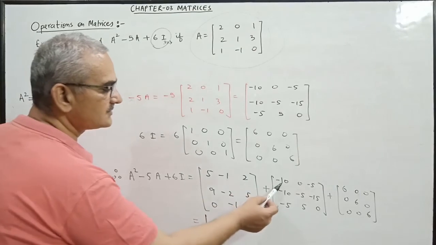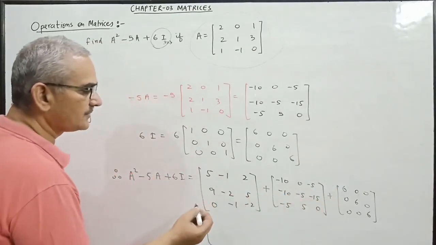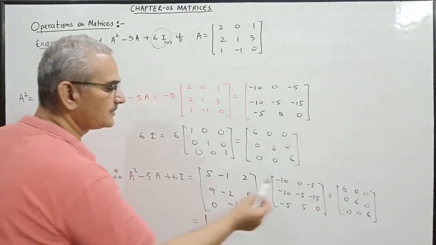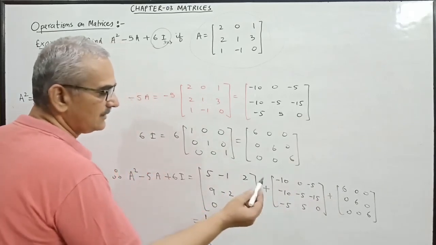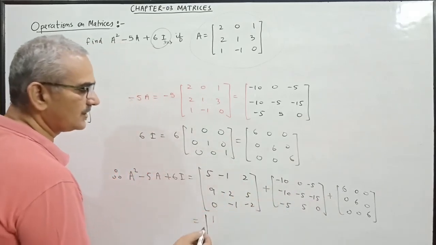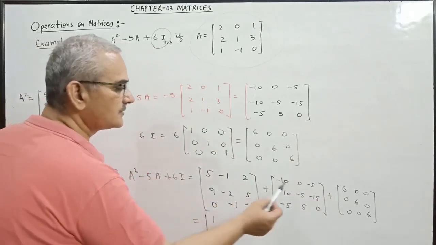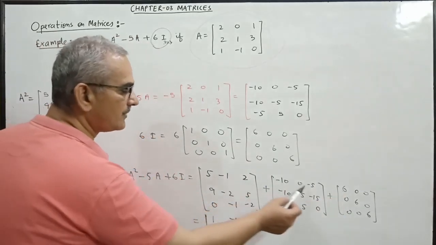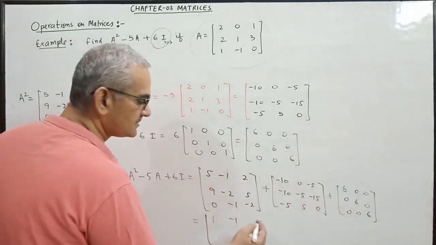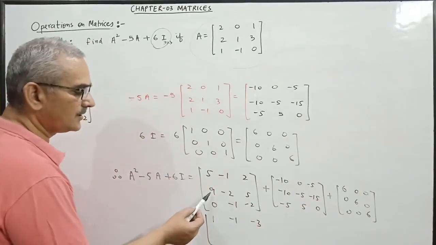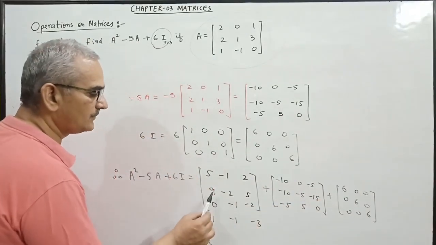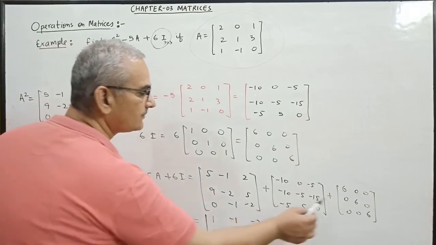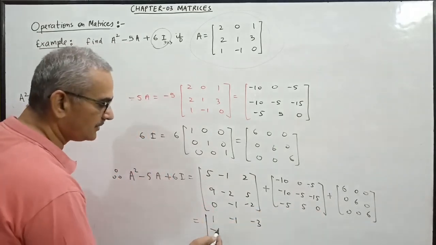So 5 minus 10 plus 6, what will be? 5 plus 6 is 11, minus 10 is 1. So we are getting 1 here. Then minus 1, 0, 0, we are getting minus 1. 2 minus 5 plus 0, that is minus 3. Then we add the corresponding elements. 9 minus 10 plus 0, you are getting minus 1 here.